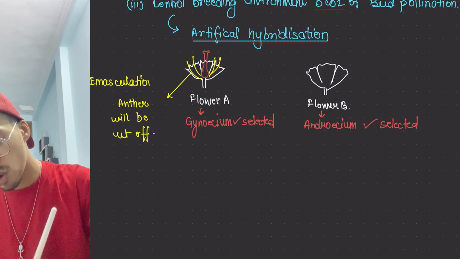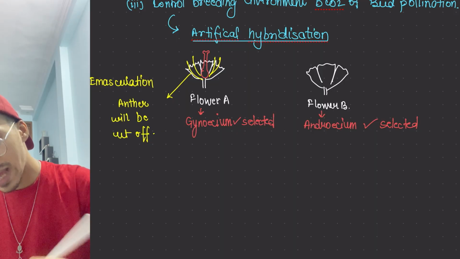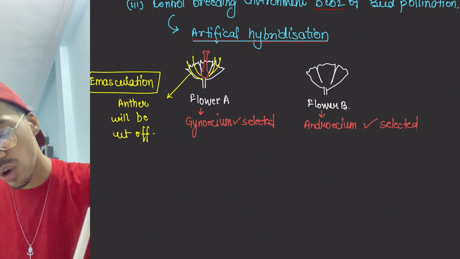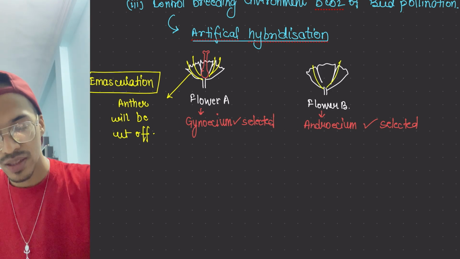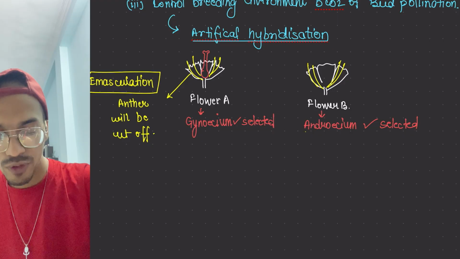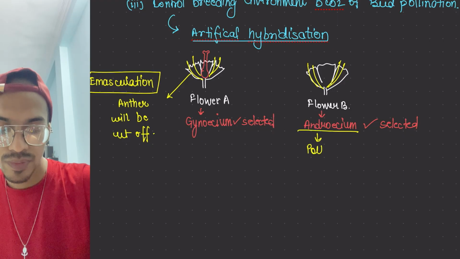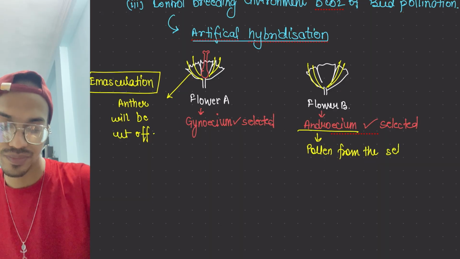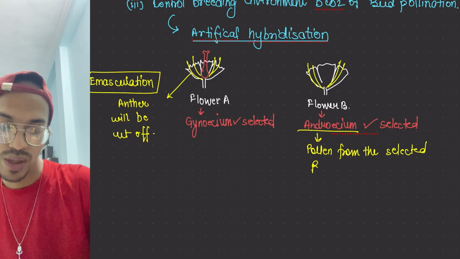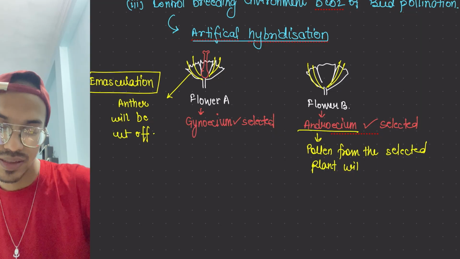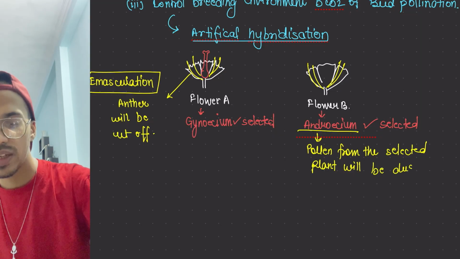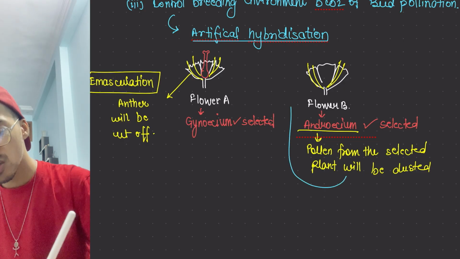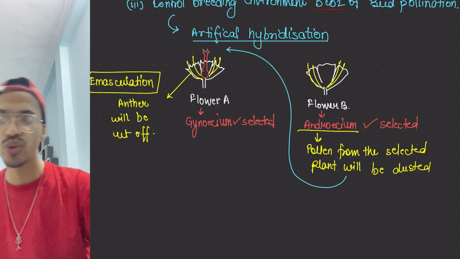Emasculation will be done on the female plant so that the male part can't come from here, because the male will be selected only from this other plant. So pollen from the selected plant will be dusted onto this gynoecium.